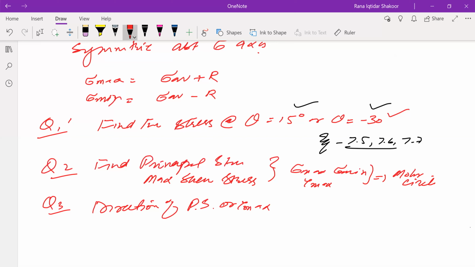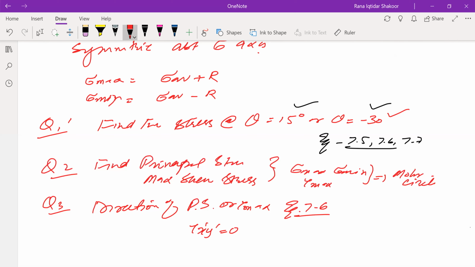How will we calculate it? The reference is equation 7.6. If you go to equation 7.6, you will find that at the condition of principal normal stresses, tau x prime y prime was equal to 0.